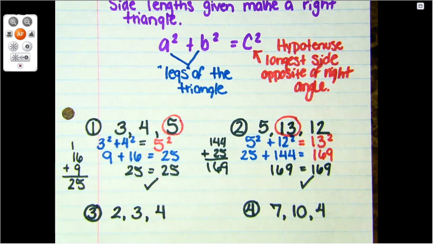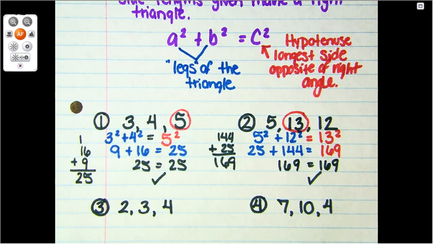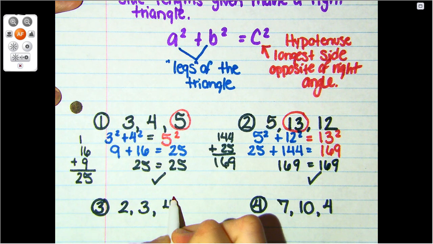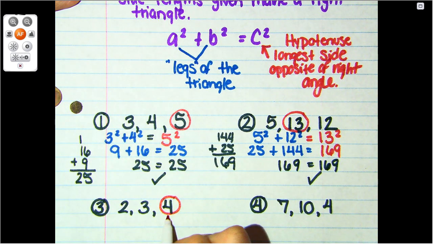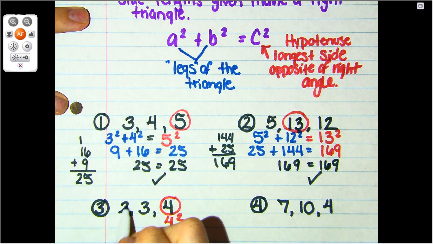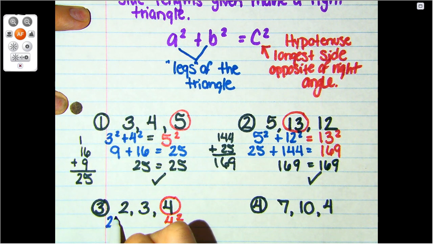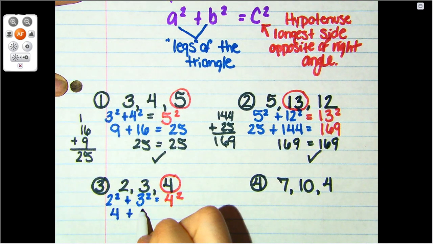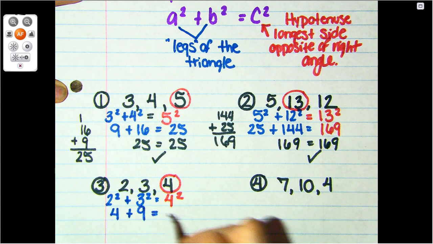Okay, as we look at number 3, we have 2, 3, and 4. So the first step is finding your longest side, which is 4. So I'm going to put that in the place of C. And then finding the legs, you can flip-flop those around. Let's just call 2 A and 3 B. 2 squared, or 2 times 2, is 4. 3 squared, or 3 times 3, is 9. 4 squared, or 4 times 4, is 16.